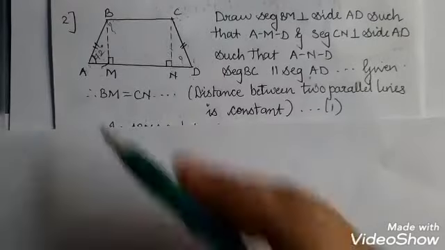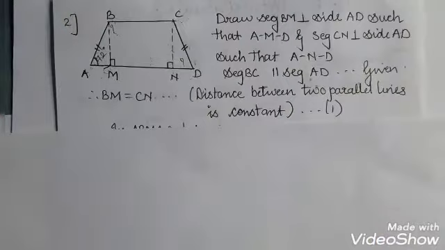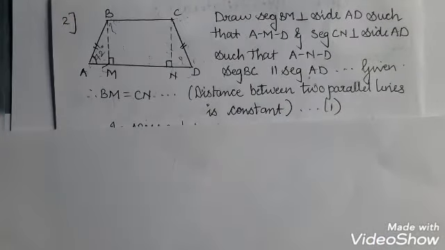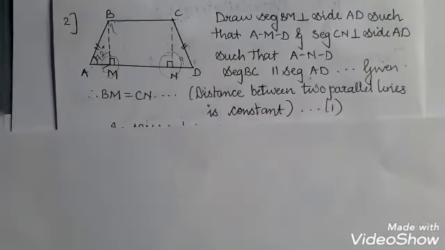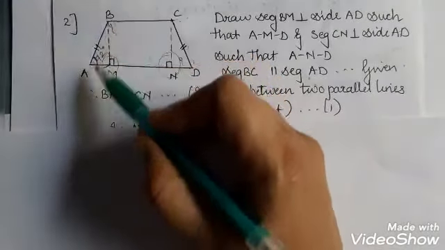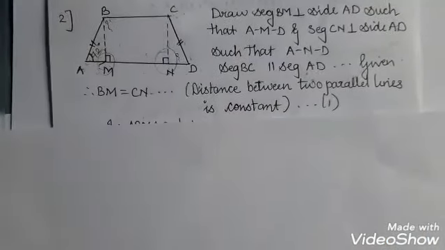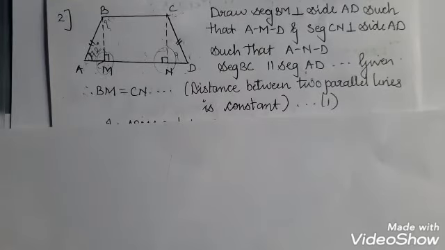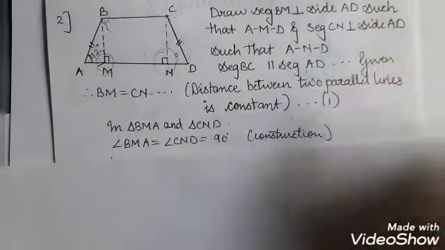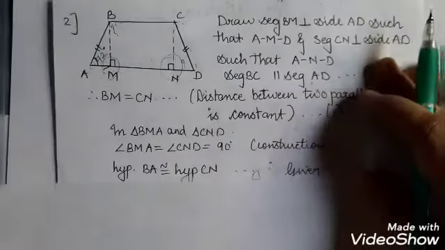Now I take triangle ABM and triangle CND. Now in triangle ABM and in triangle CND, angle M is 90 and angle N is 90. So that means angle AMB and angle CND, both these angles are congruent, that is 90 by construction.